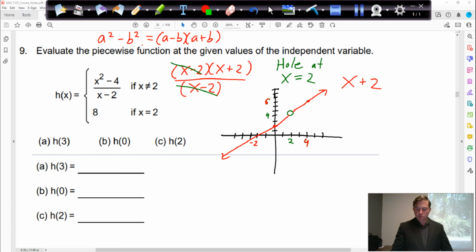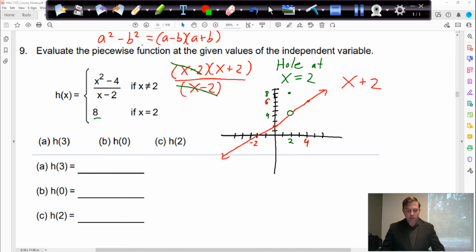But that 2 would create a hole there. I should have gotten 4, because 2 plus 2 is 4, but 2 in the original problem caused a divide by 0. So instead, we're going to put a dot at 8. Let me do it in green here. So this one says put a dot at 8. So that's our function, this combination of red line and then green hole and green dot.